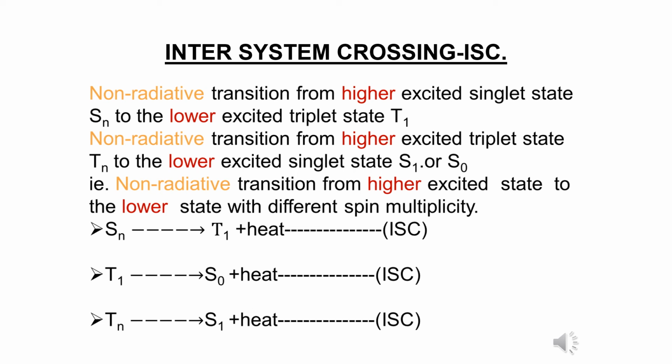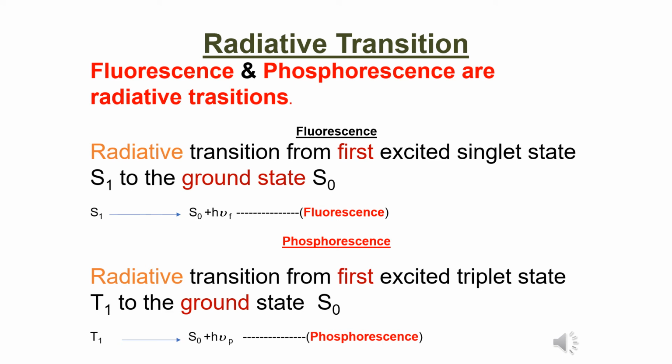So these are the photophysical processes. One is IC, another one is ISC. Both are non-radiative transitions. This slide shows explanation about radiative transition. There are two types: one is fluorescence and another one is phosphorescence. Fluorescence means radiative transition from first excited singlet state S1 to the ground state.